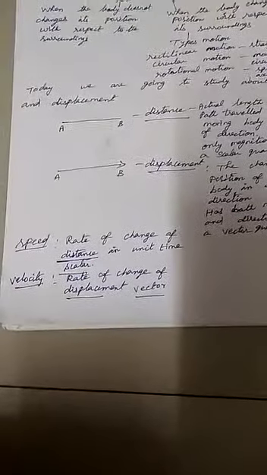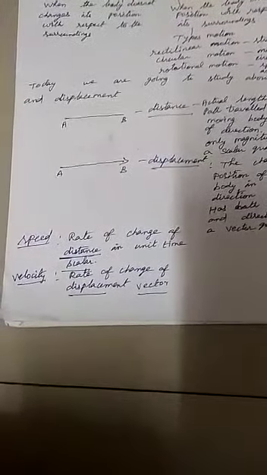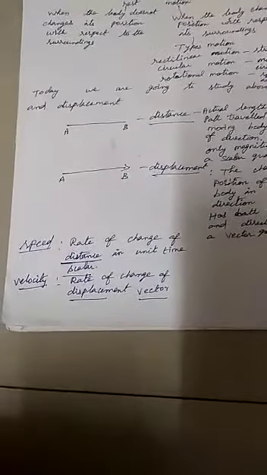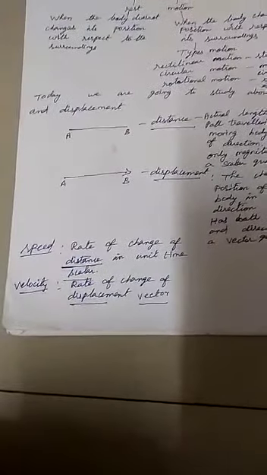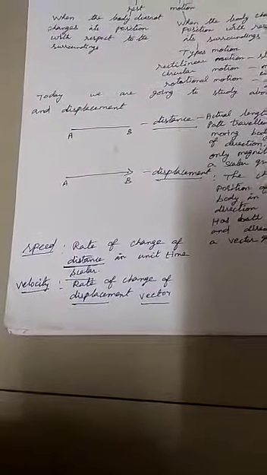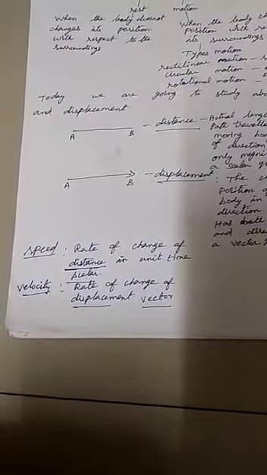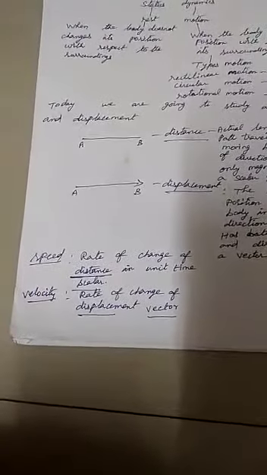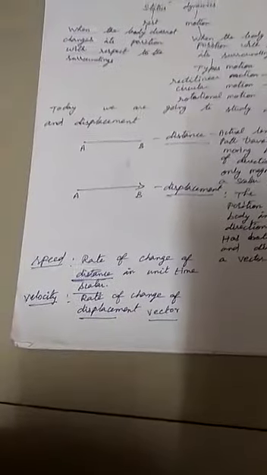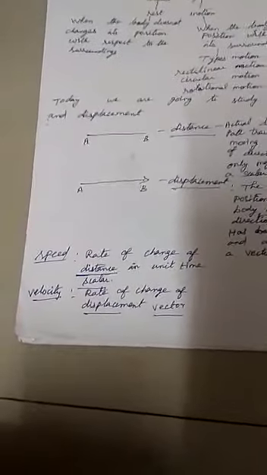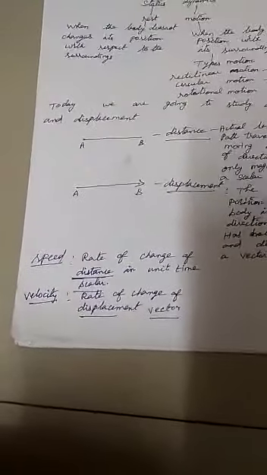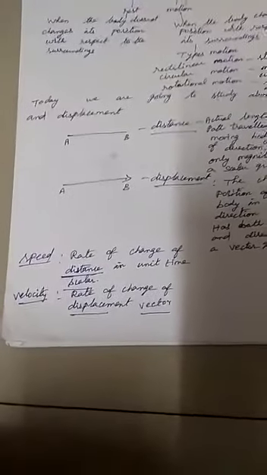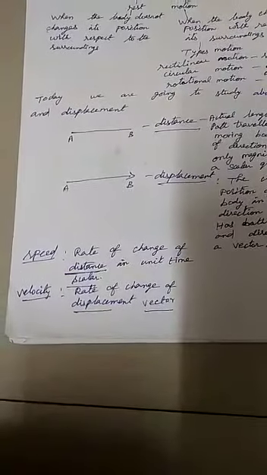Here the direction is not mentioned, only the distance traveled by the body with respect to time. So speed is a scalar quantity as there is no direction mentioned in it.